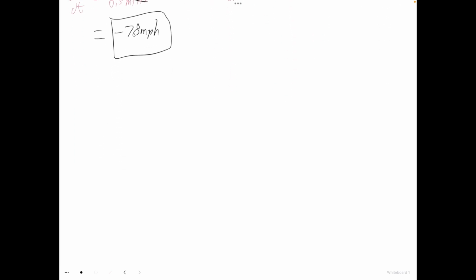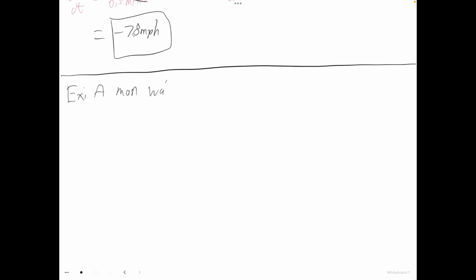So now we're going to do one more example. And so we have a man walks along a straight line at a speed of 4 feet per second.